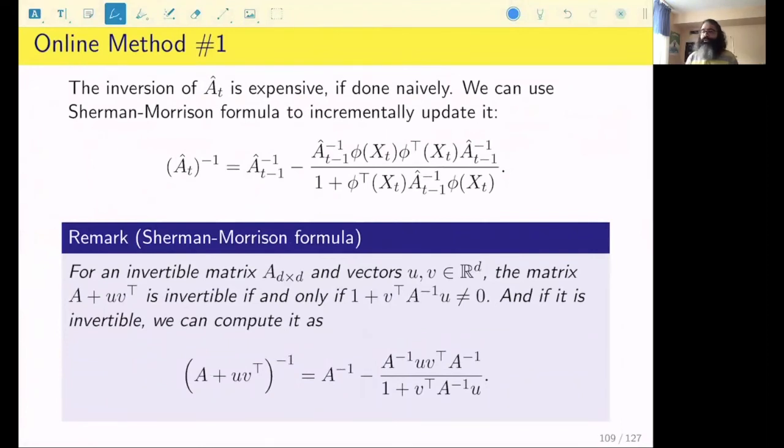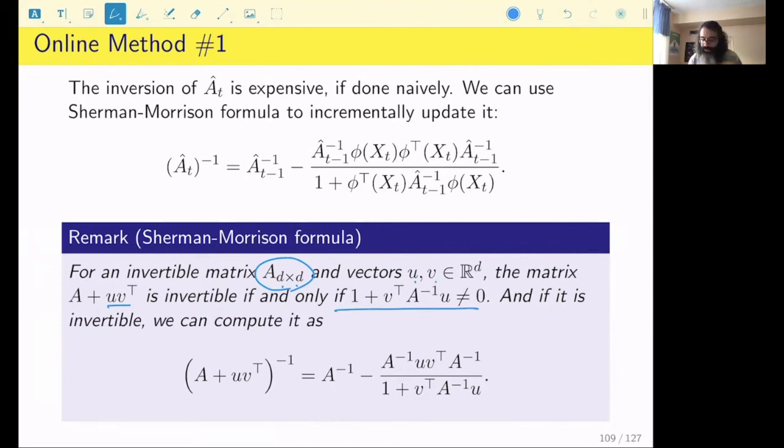So what is that formula? It says that if we have a general matrix A that is d by d, and two d-dimensional vectors u and v, then the first claim is that the matrix A plus u v transpose is invertible if some condition holds. Let's get back to this later.